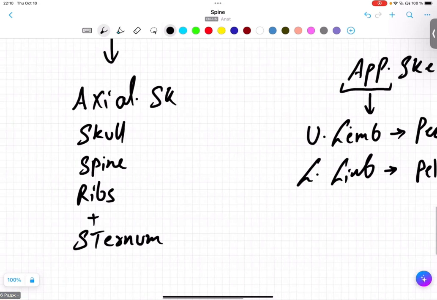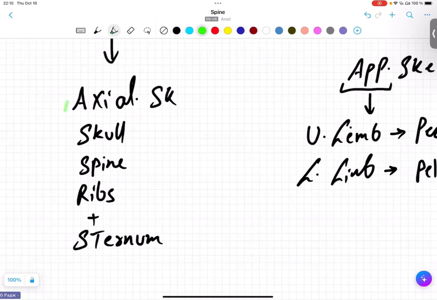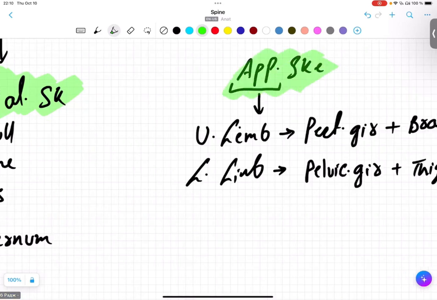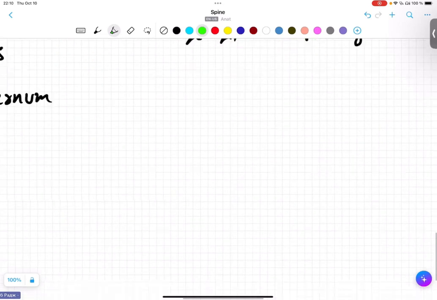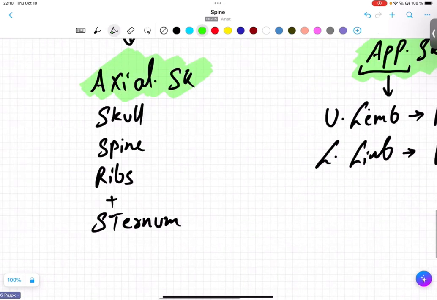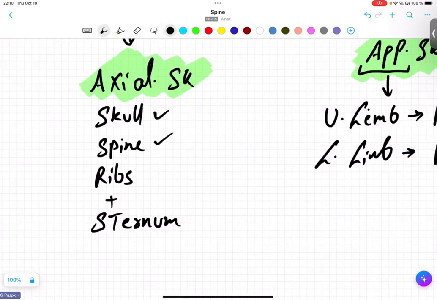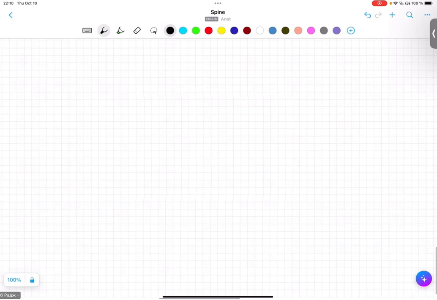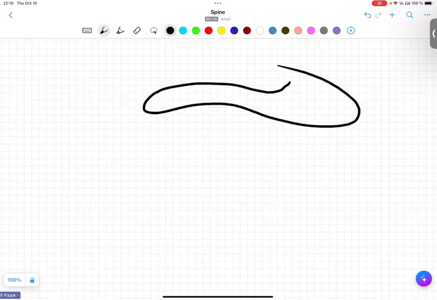Now, in this axial skeleton, we have the skull. Why do we need skull and spine? Do you have any answer? To support movement and protect internal organs.